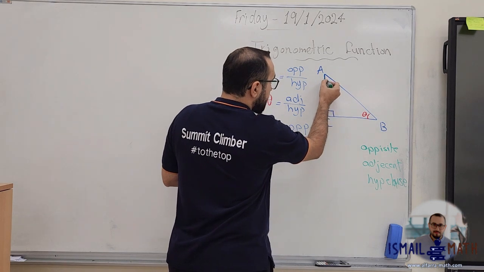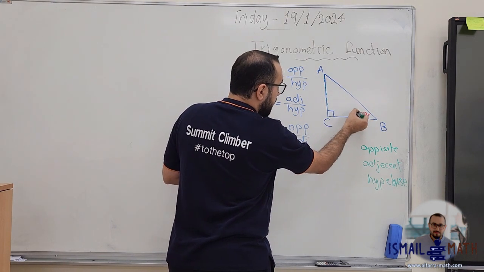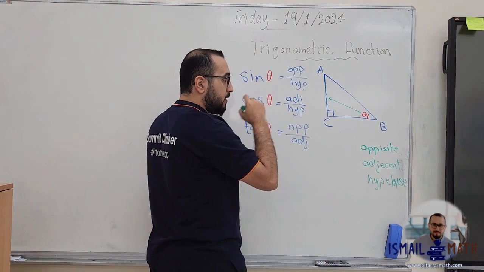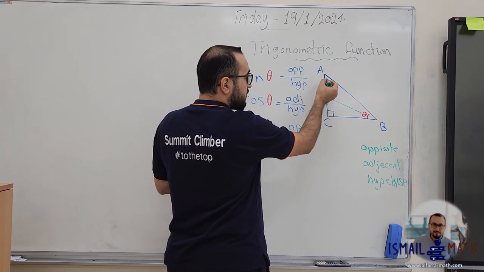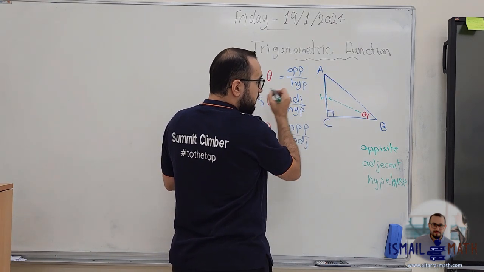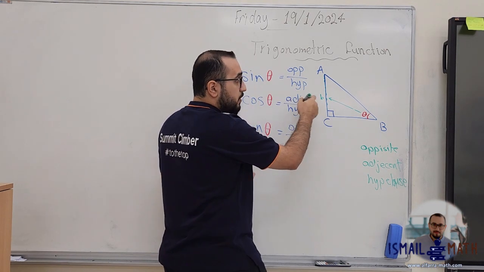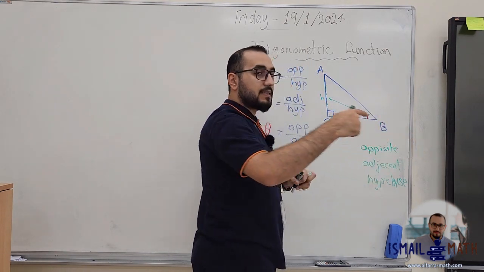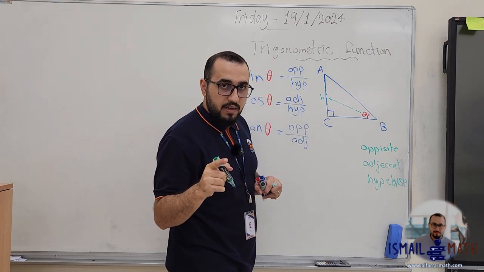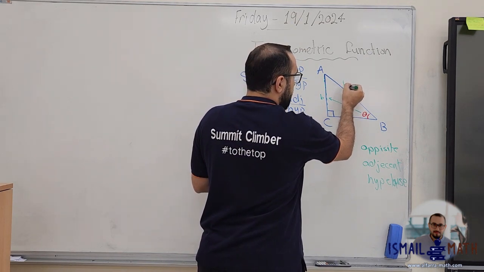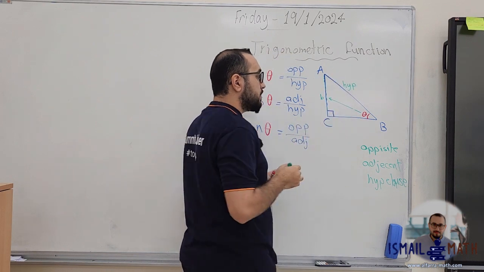The opposite side is this one here. Let's call this side small b. And the hypotenuse, we know the longest side in every right triangle is called the hypotenuse. So this one is called the hypotenuse.